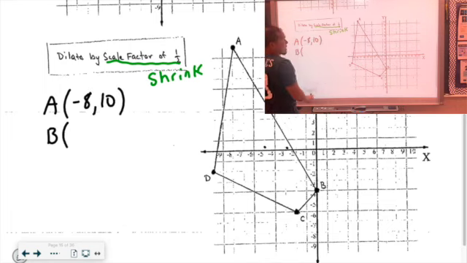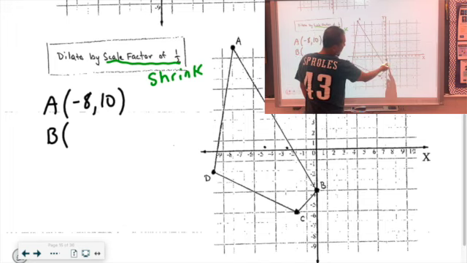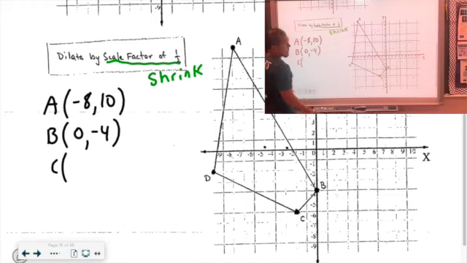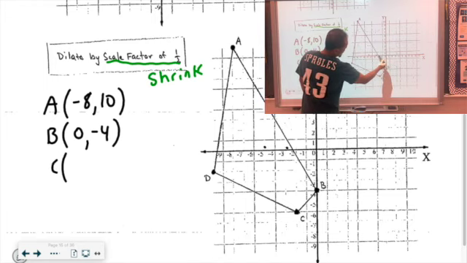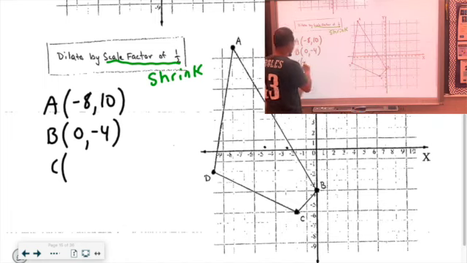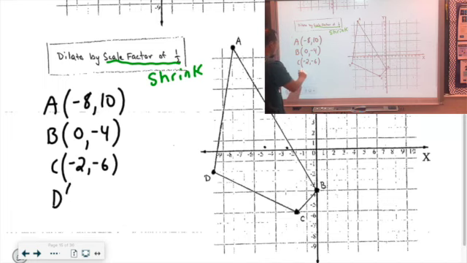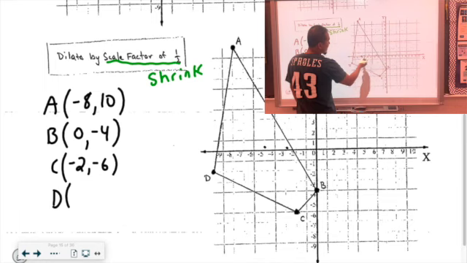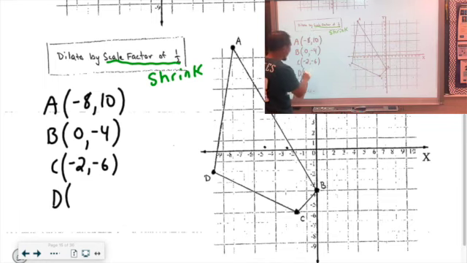B is 0, -4. C is -2, -6. And D is -10, 0.